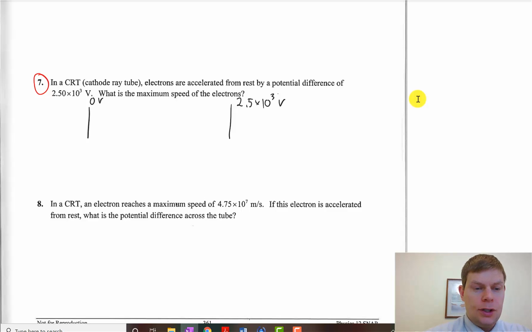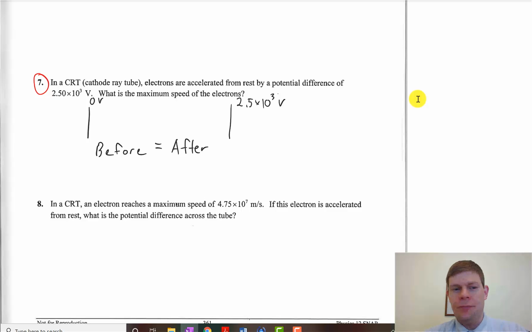And so we can just do it as before equals after. I could also have done this with change in energy equals change in voltage times charge. That would also work.